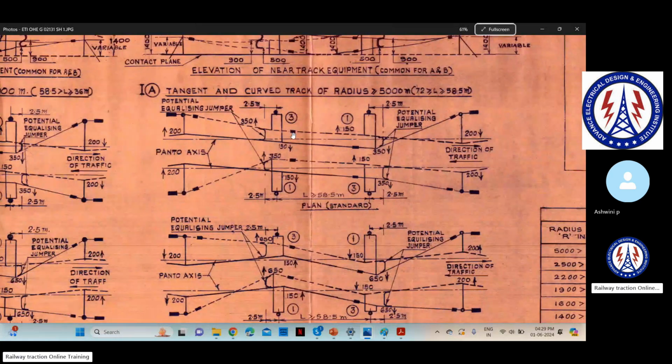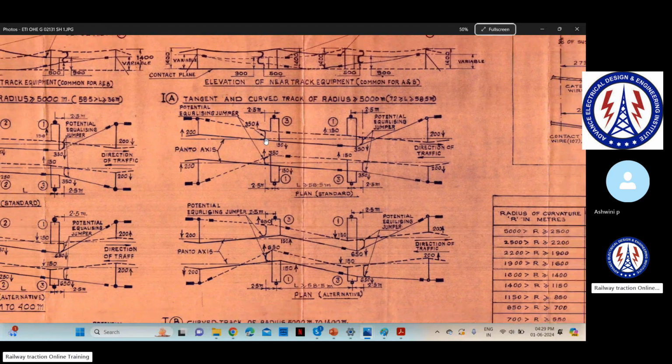Can you see the insulator over here? But in uninsulated, these insulators are not there. Only this insulator is there, and the jumper will be over here. That is called a G jumper. Here it is called an F jumper. This is standard everywhere, all over the world.